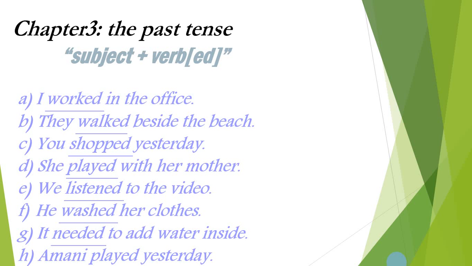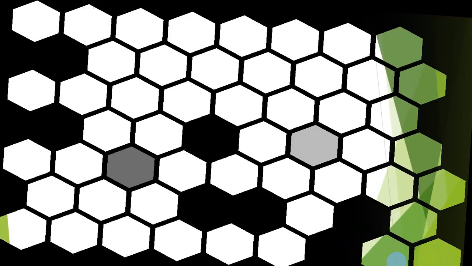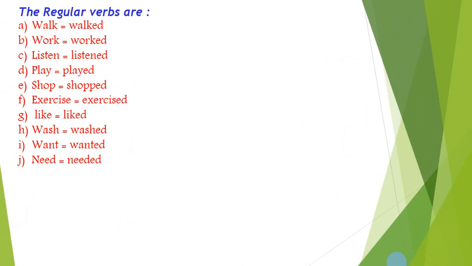Okay, we'll turn to the next slide, which is talking about the regular verbs and the irregular verbs. The regular verbs that I told you about before, these words will have ed added without any change, because they are not like the forms of verb 2 and verb 3, the past tense and the past participle.